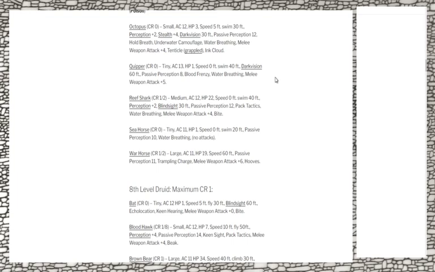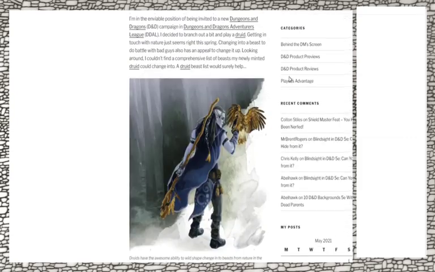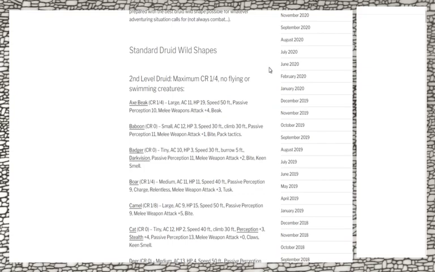A quipper is an aquatic fish that got a +5. Warhorse has got a +6. So a snake, giant snake, and a warhorse are your best two attack bonuses right now. Oh, I could do warhorse for sure. It's got a +6 to hit.